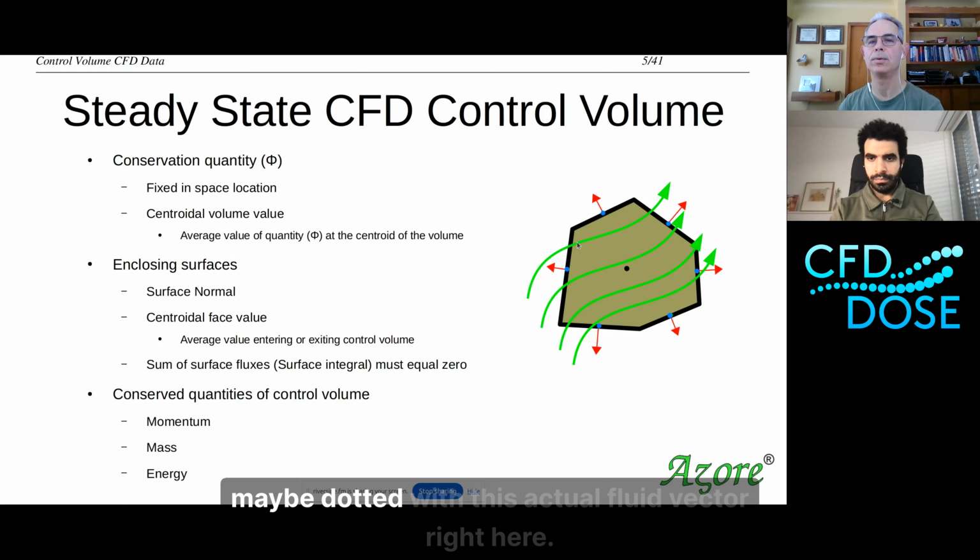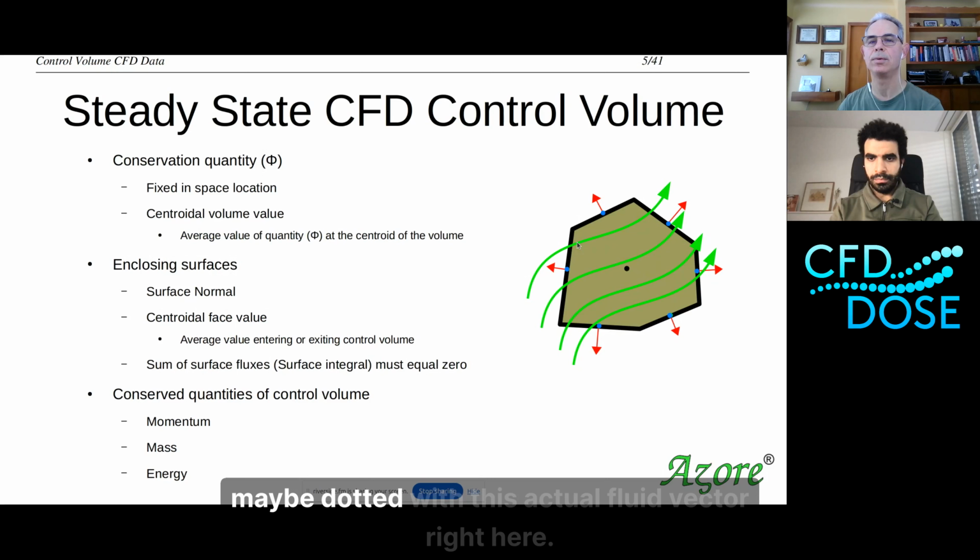Well, there's one other aspect here, the normal vectors. Just like with any other engineering problem, you have to pick some sort of convention about what is in and out. And mesh topologies have that in them, where you have this normal vector that is based on the topology of your mesh.